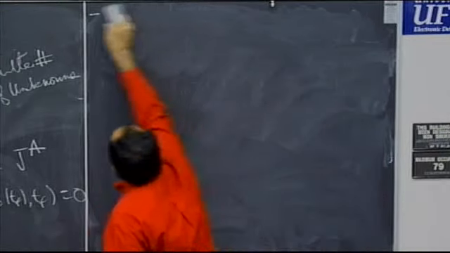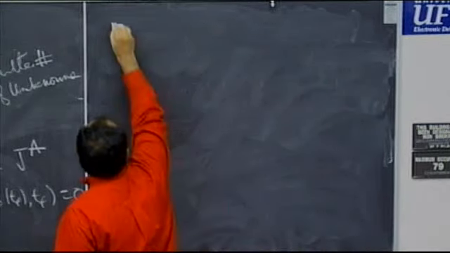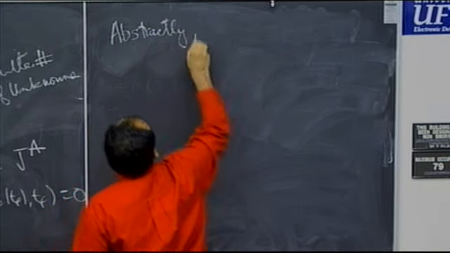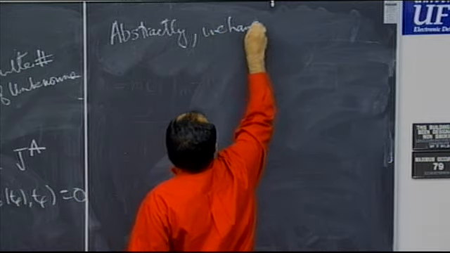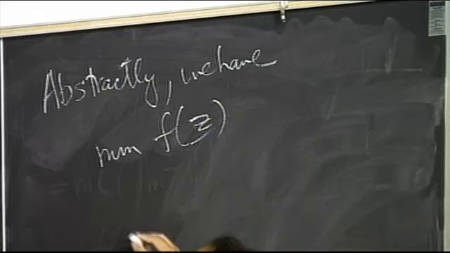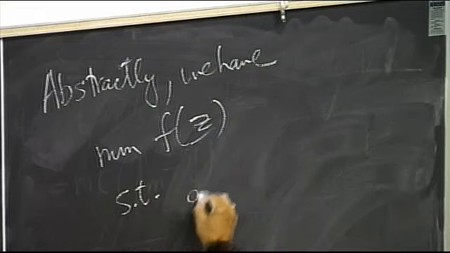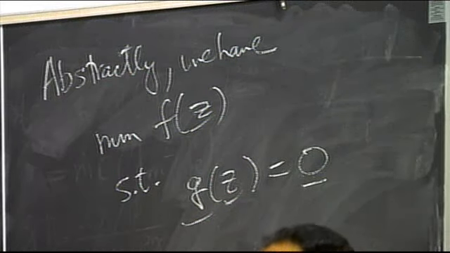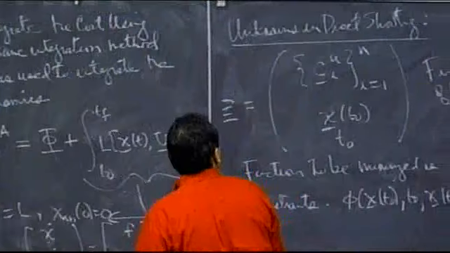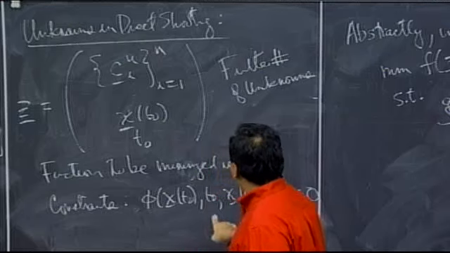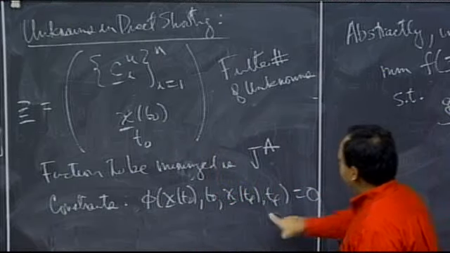So the abstract form, we have the following. Minimize f of z subject to g of z equals 0. That's what I've got. This is z, if you want to call it that. f of z is J_A, and my constraints, which are these, is this right here, right?